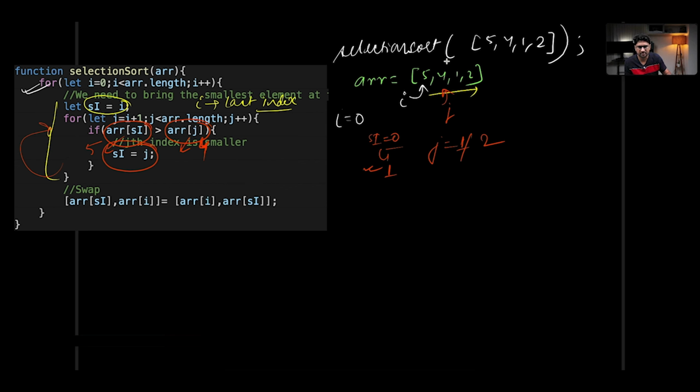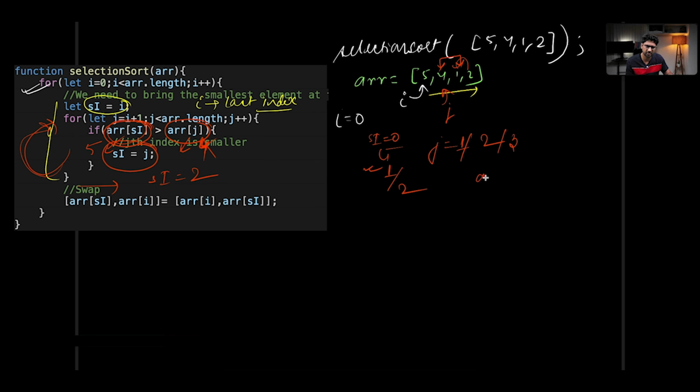I compare this value and this value. Again 4 is more than 1, so smallestIndex has become 2. When I iterate next time, j has become 3. I compare, but I find that array of smallestIndex is not greater than this. So after I come out, the value of smallestIndex is 2.